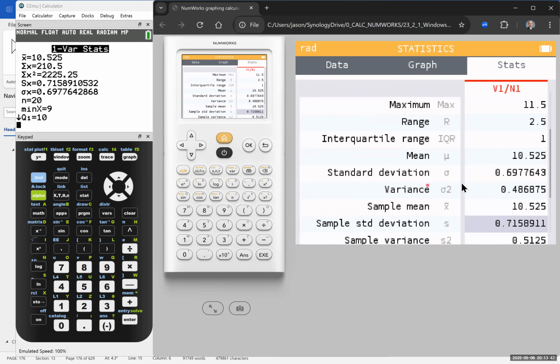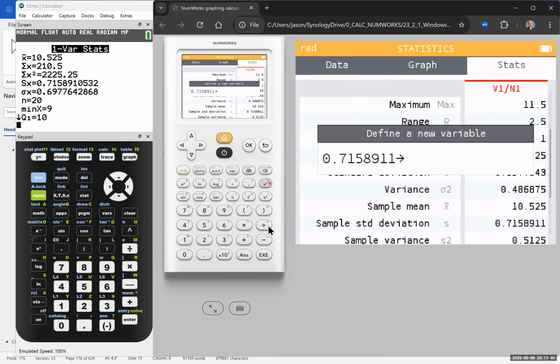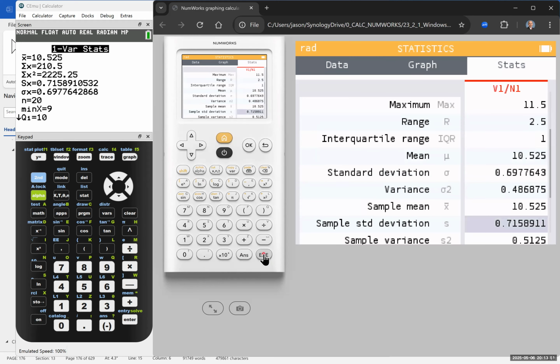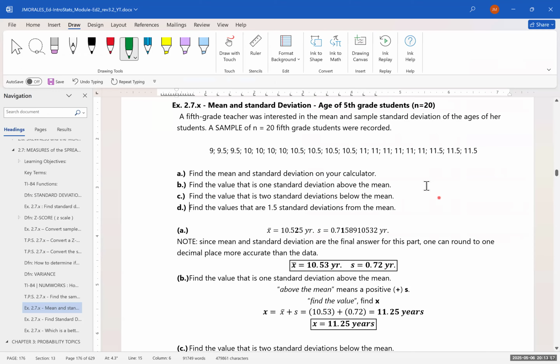And then the sample standard deviation, I'm going to store that too in lowercase s. Okay, so let's come back over. So this is where we get this value of 10.525 and the standard deviation being 0.71589.